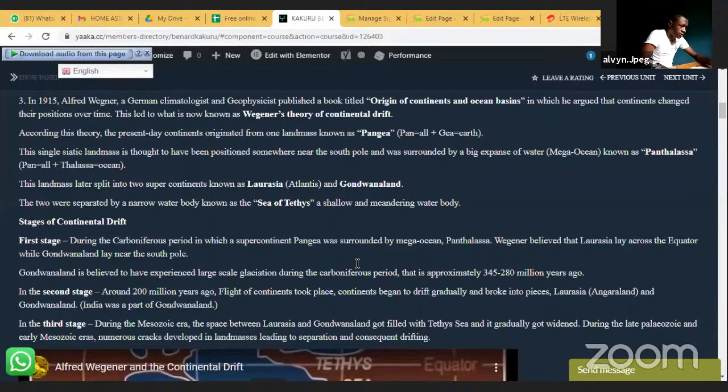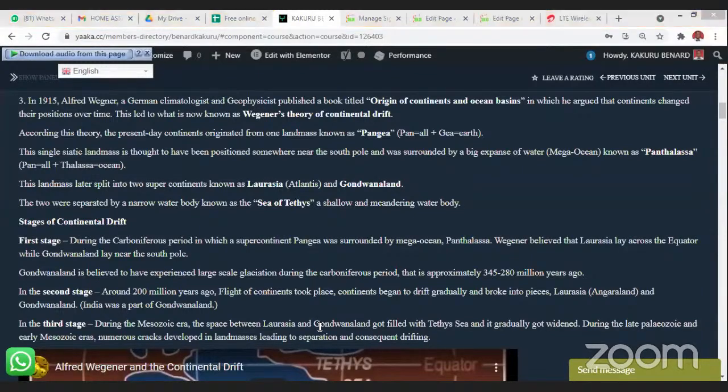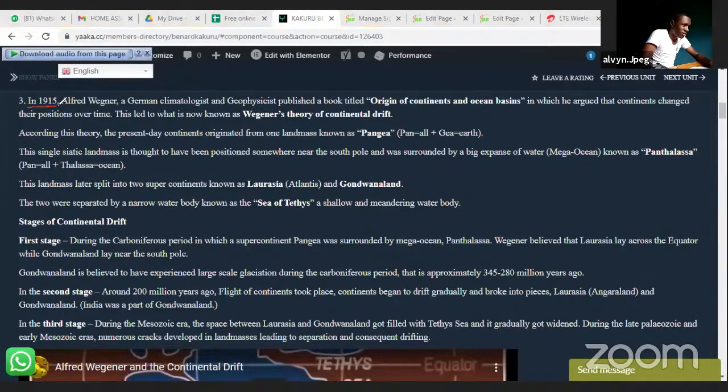In 1915, Alfred Wegener, a German climatologist and geographer, published a book titled Origin of Continents and Ocean Basins, in which he argued that continents change their position over time. This led to what is now known as Wegener's theory of continental drift.